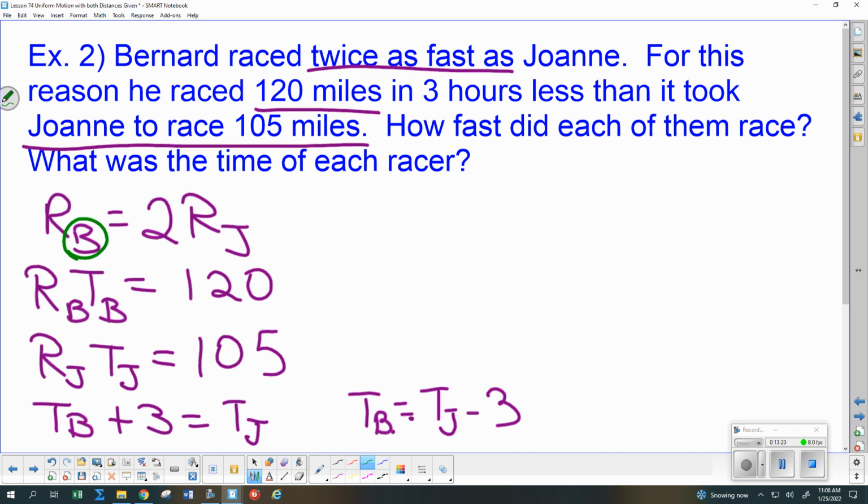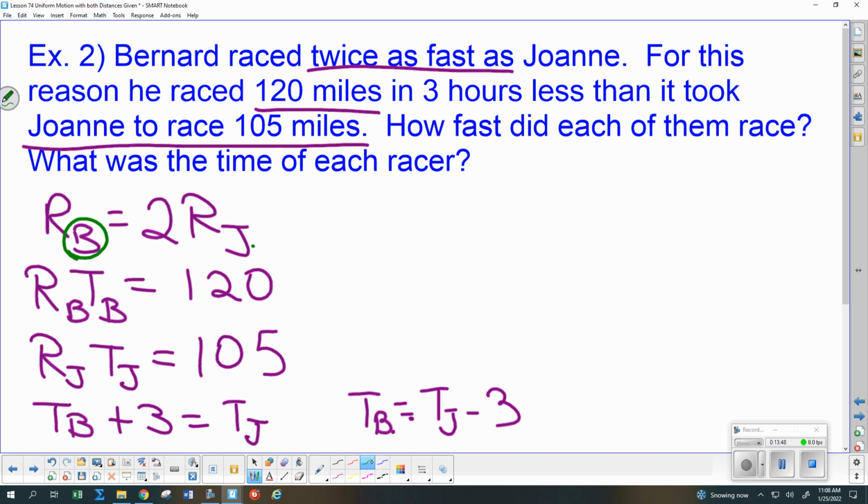Would you rather do it like it's written on the board, or would you rather I change that and do fractions? Because I want to substitute RB equals and TB equals, or I want to put in RJ equals and TJ equals. Would you rather put in 2RJ, or would you rather plug in a half RB and work with fractions? Help me out here.